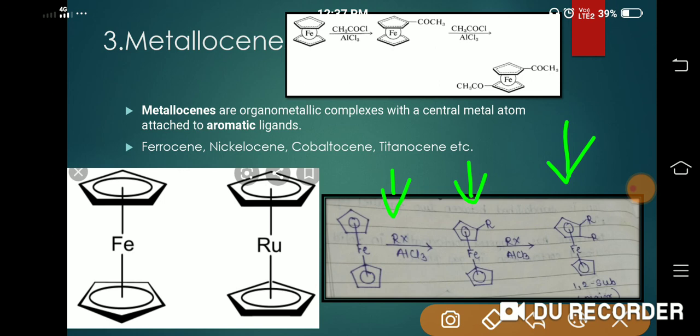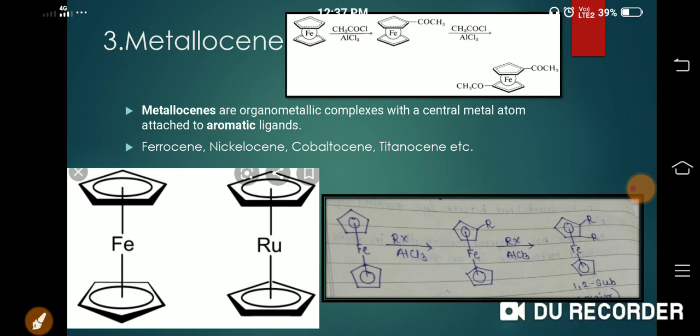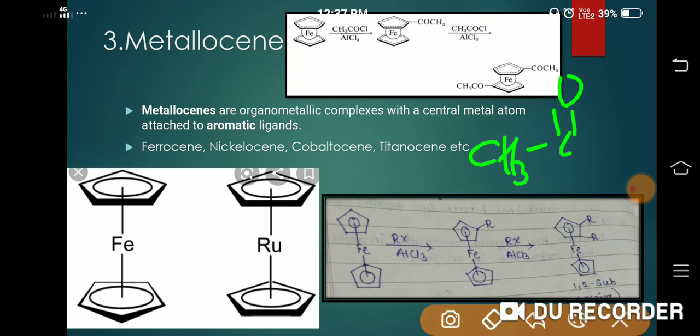Here the difference in the substitution products is because the acetyl group, in the case of acetyl chloride, is highly electron withdrawing in nature due to polarizability.